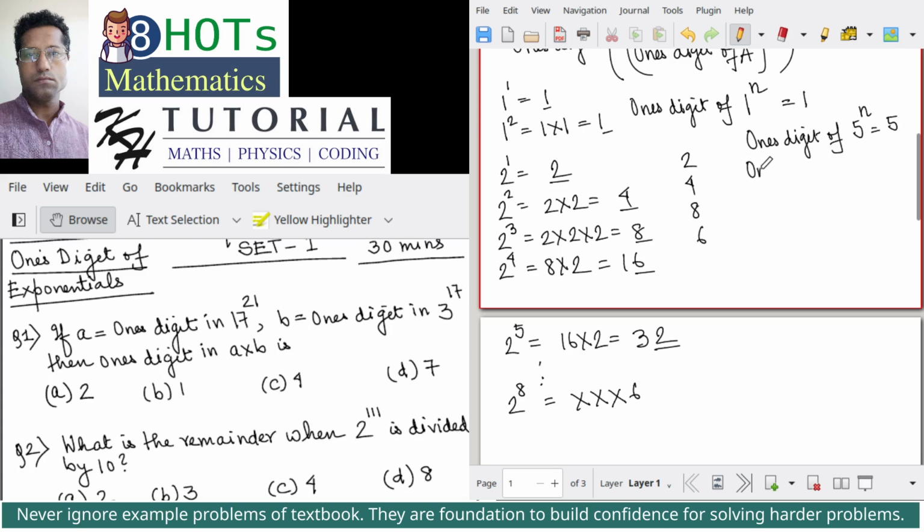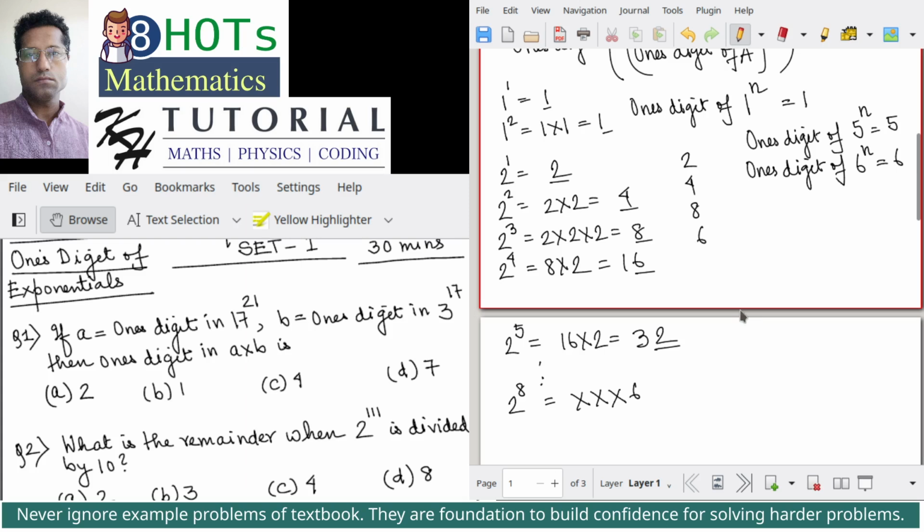Similarly, the ones digit of 6 to the power n will also be 6. So 6, 36, the last digit is 6. Again, if you multiply it by 6, the ones digit will always be 6.